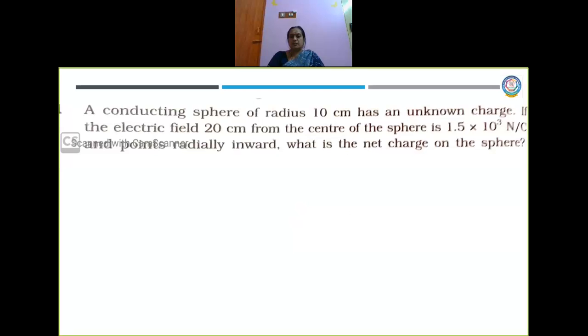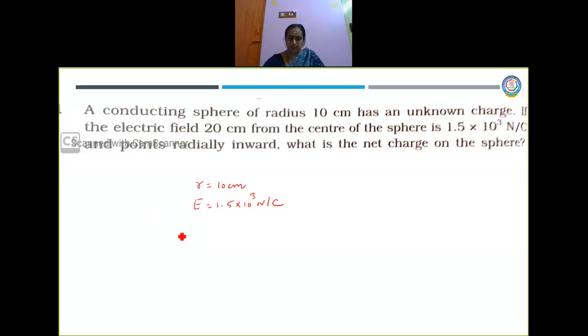A conducting sphere of radius 10 centimeter has an unknown charge. So radius is equal to 10 centimeter, right? If the electric field 20 centimeter from the center of the sphere is 1.5 into 10 power 3 Newton per coulomb, and points radially inward, what is the net charge on the sphere?